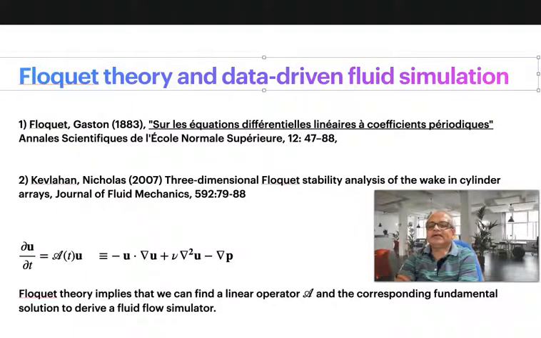The left hand side is the time derivative of u, and the right hand side is all the terms for the incompressible Navier-Stokes equation. What Floquet theory states is that you can perhaps write this nonlinear partial differential equation in terms of a matrix A, which depends on time, multiplied with the solution vector u.